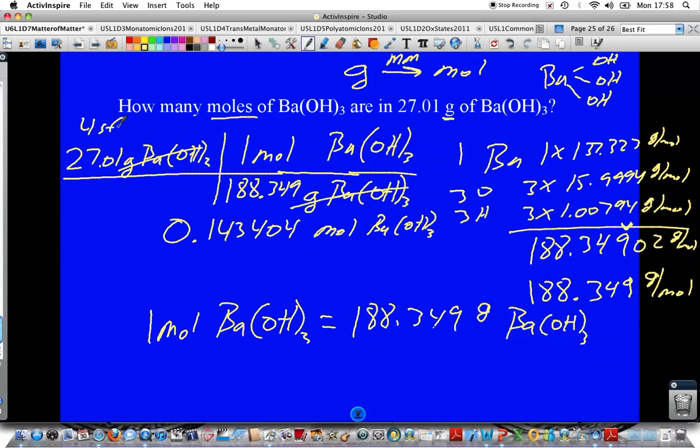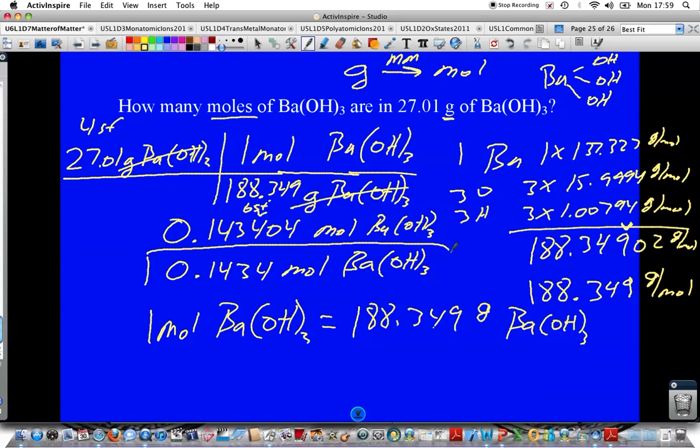Since we're doing multiplication and division, we follow a different rule than before: instead of the least number of decimal places, we go by the least number of total significant figures. 27.01 has 4 sig figs, and our molar mass has 6 sig figs. So our answer is only good to 4 sig figs, and I'm going to round that to 0.1434 moles of barium hydroxide. That's my final answer right there.